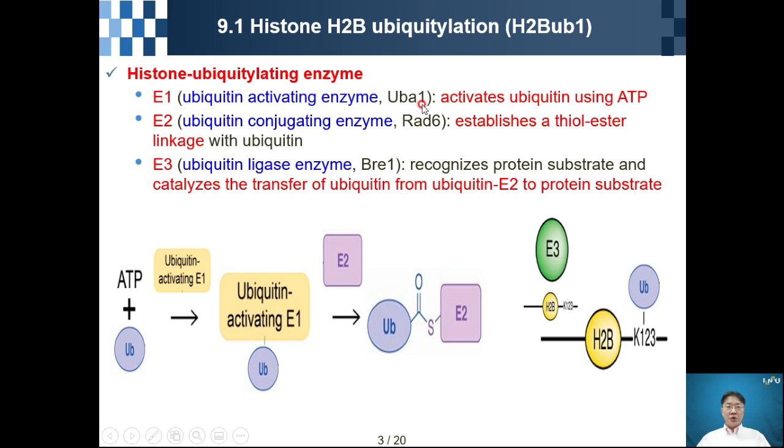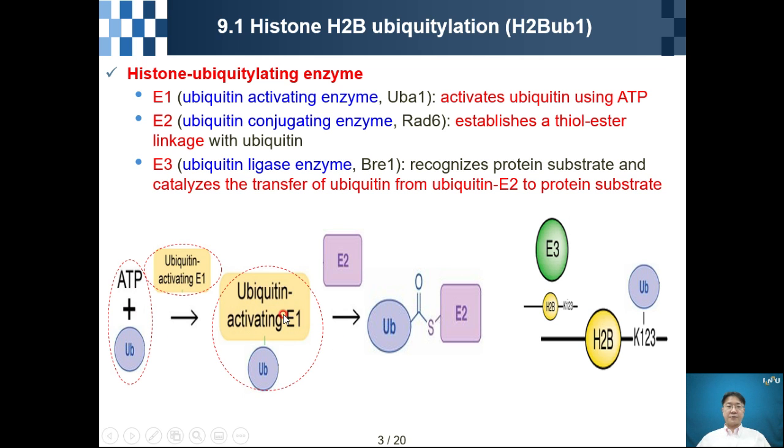The main function of E1 is to activate ubiquitin using ATP. So this is the ubiquitin activating enzyme E1.